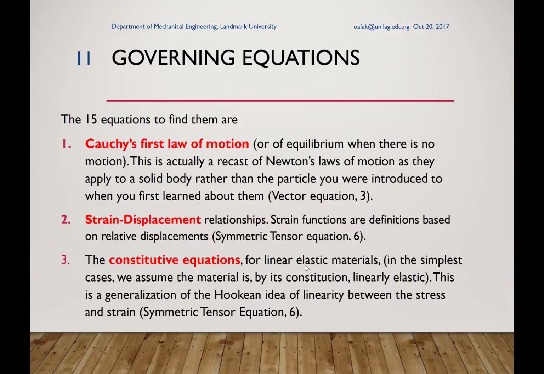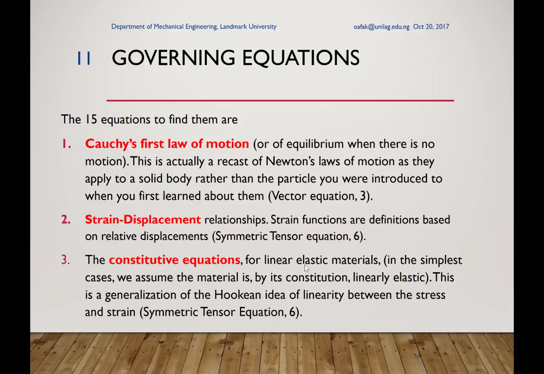The constitutive equation we are dealing with is a generalization of the Hookean idea of linearity between stress and strain. Again, this is much wider than the elementary notion because you cannot just say force is equal to a constant times extension, because here you are looking at 9 stress components and 9 strain components.